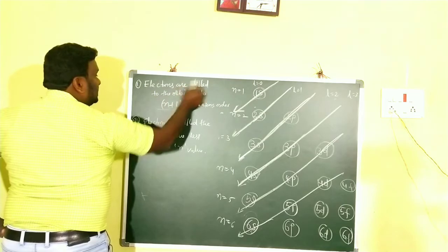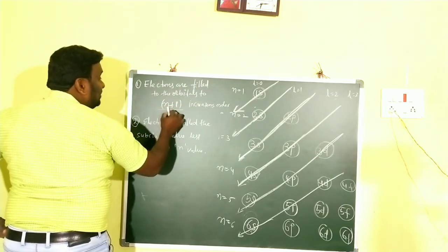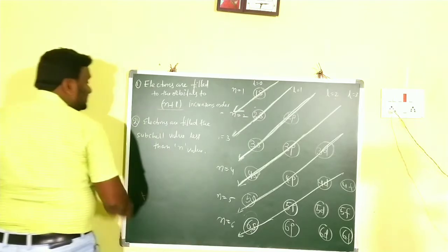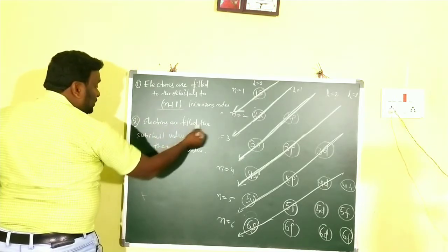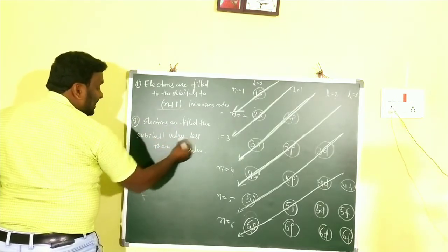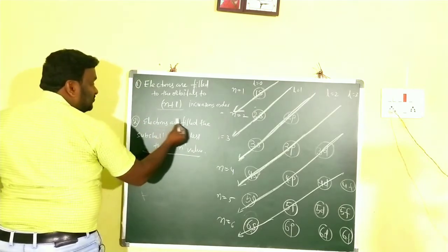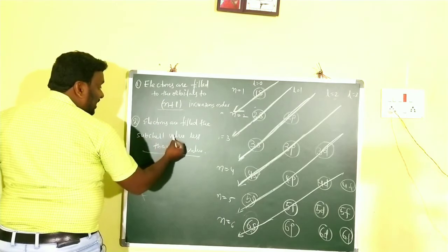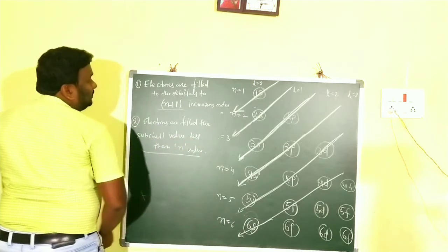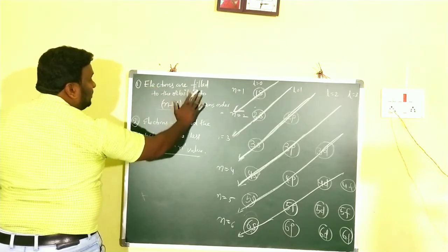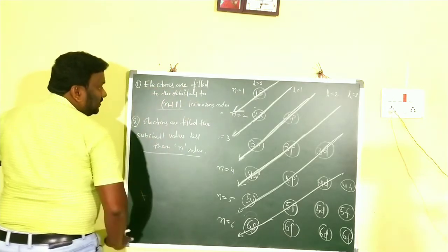And the second thing is electrons are filled to the subshell value less than the n value. First thing, electrons are filled to the orbitals in n plus l increasing order.